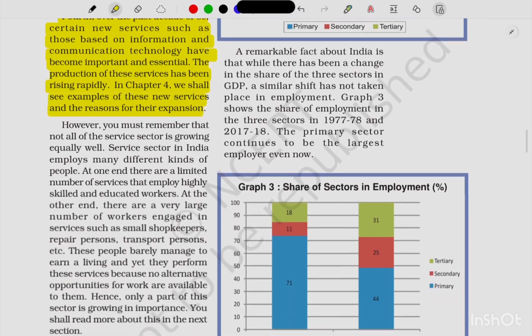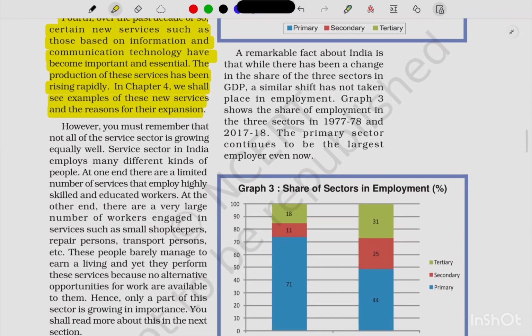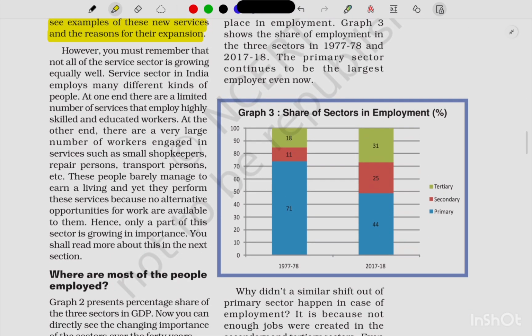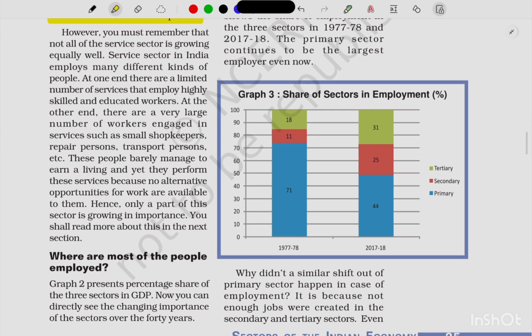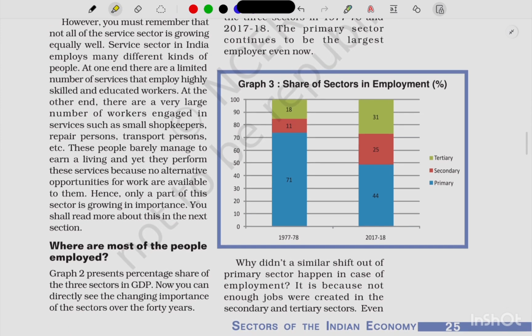All right. Now, however, you must remember that not all of the service sector is growing equally well. Service sector in India employs many different kinds of people. At one end, there are a limited number of services that employ high skilled and educated workers.